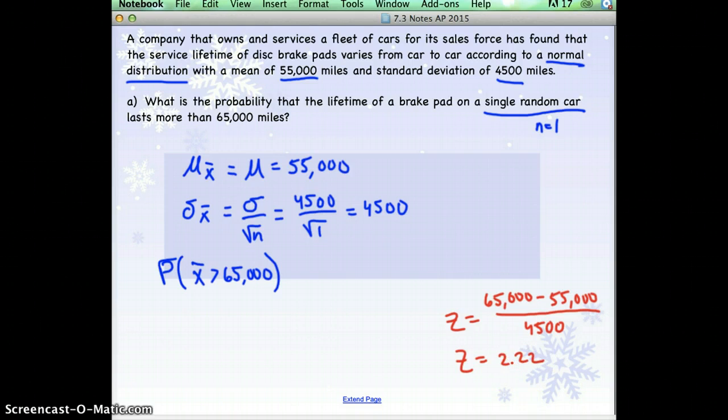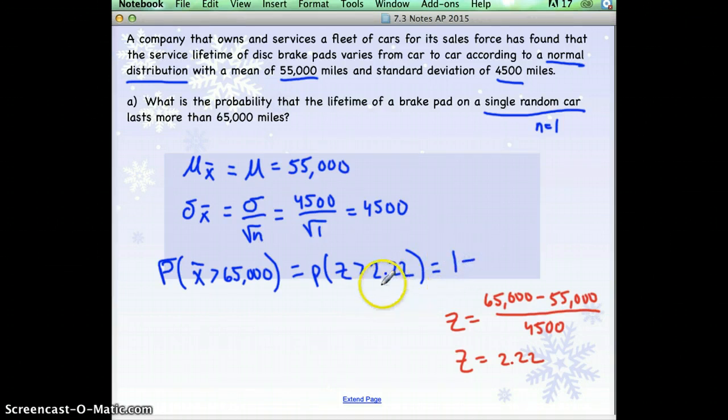So the probability that our sample mean is greater than 65,000 would equal the probability that our z-score is greater than 2.22. Okay, and then you look up 2.22 on your z-chart, and you're going to do 1 minus that.